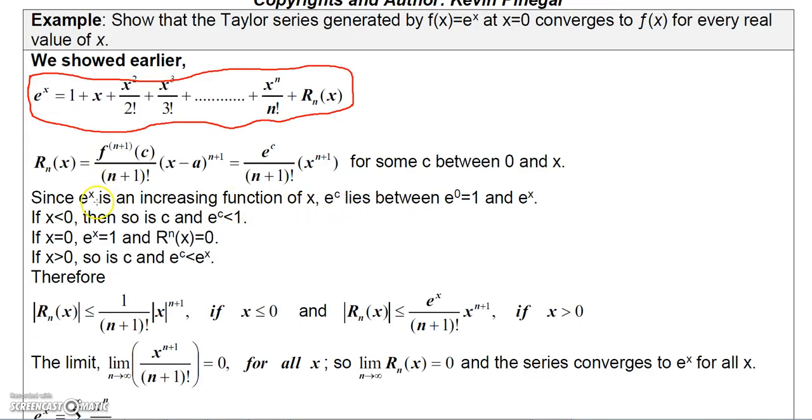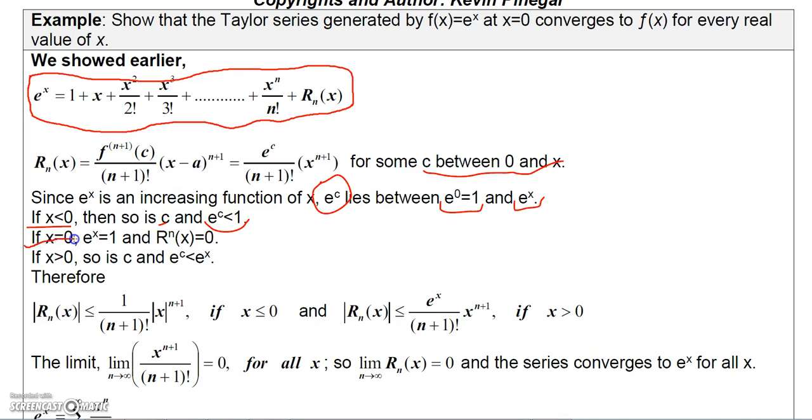And then since e to the x is an increasing function, we said for some c between 0 and x, well, if x is 0, e to the 0 would be 1, and if x is x, we would get e to the x. So e to the c must lie between 1 and e to the x. Now if the x value were a negative number, then the c value would have to be a negative number, and then e to the c would be some number less than 1.